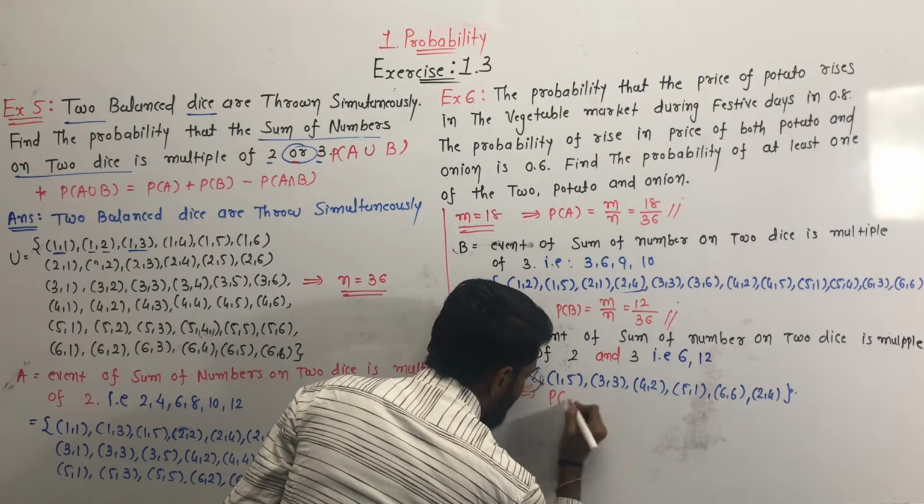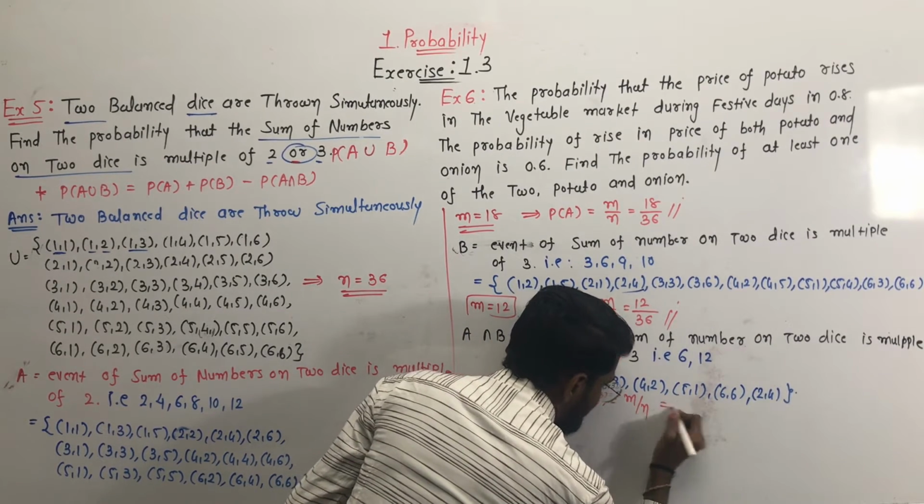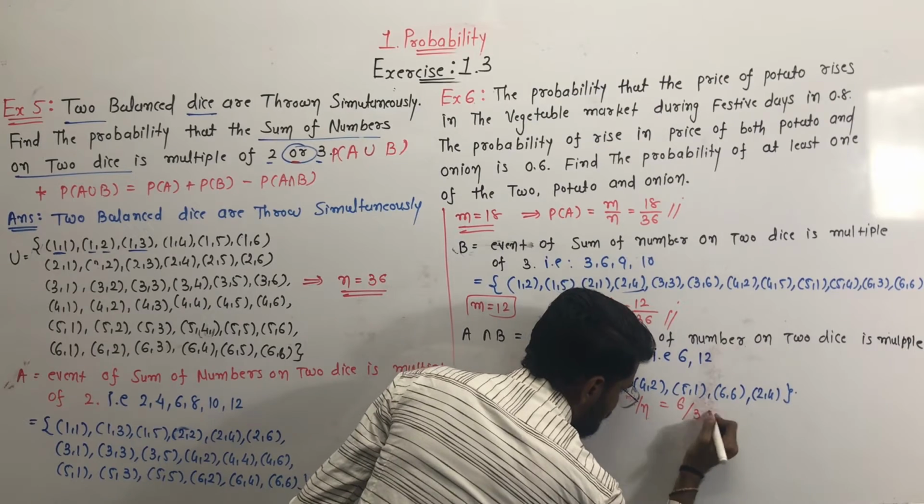So the probability of the intersection of event A and B is equal to m by n, where m is equal to 6 and n is equal to 36.